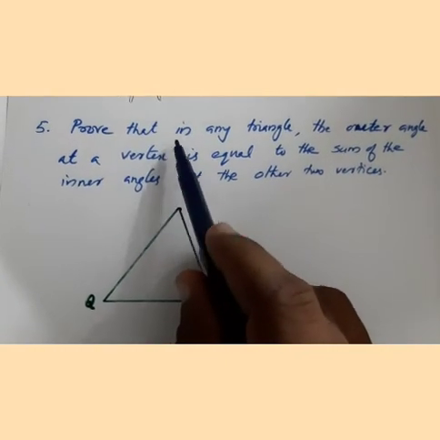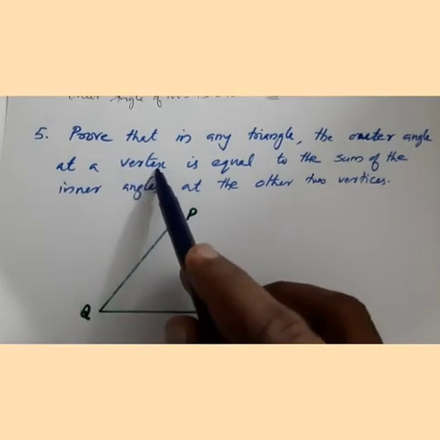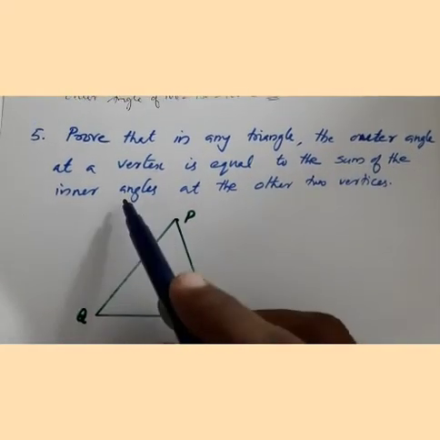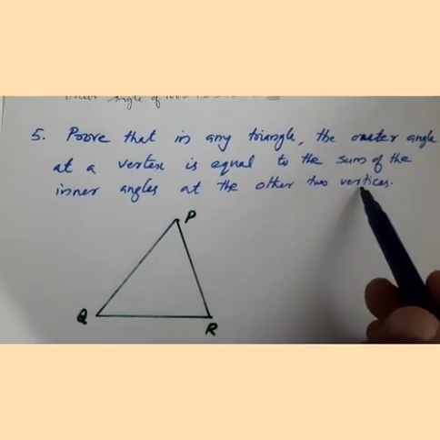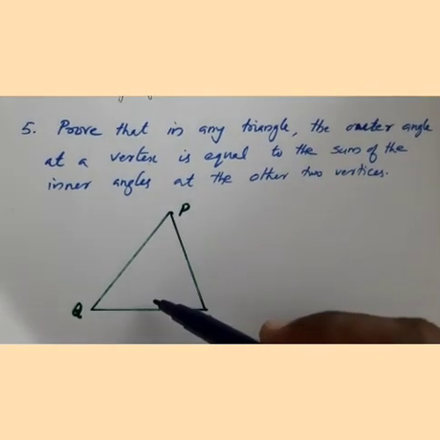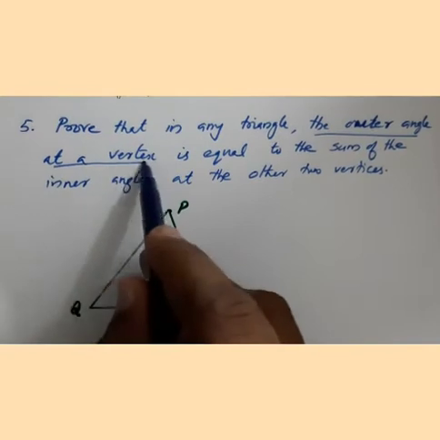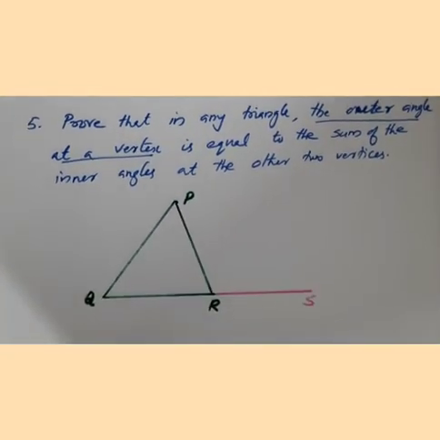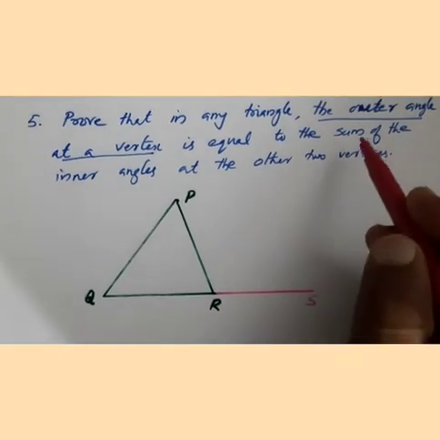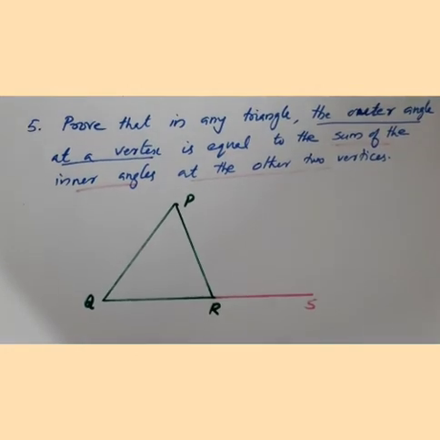Prove that in any triangle, the outer angle at a vertex is equal to the sum of the inner angles at the other 2 vertices.